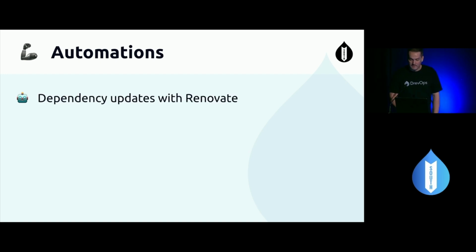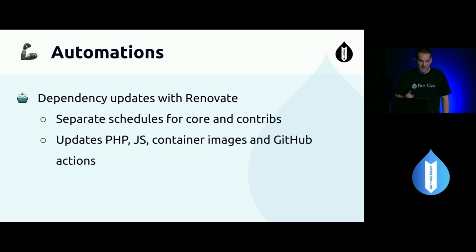Automation. We have dependency updates with Renovate. It's quite powerful, and interestingly, Vortex itself uses all these CI pipelines and automated updates. So what Vortex uses is what you would get in your projects. Renovate is an automated bot that has a configuration to update your dependencies like Composer packages, GitHub Actions, JavaScript packages, and container images.